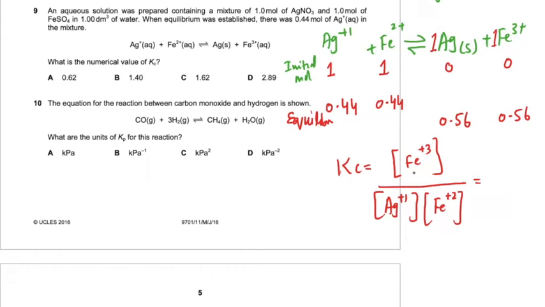So moles of iron 3 is 0.56, and moles of silver 1 at equilibrium is 0.44 into 0.44. By doing the calculation, you will get the answer of 2.89. This is your answer. Next question.